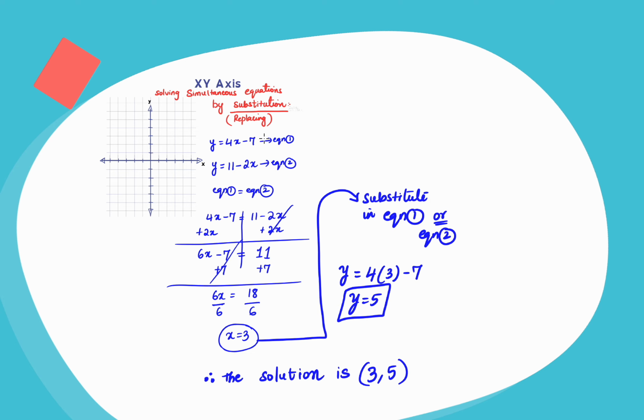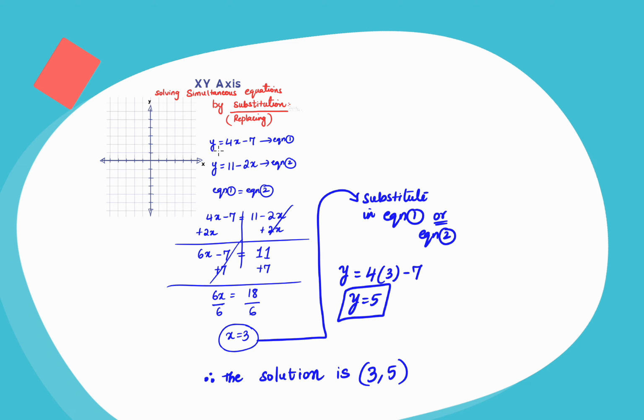The speciality of that point is that it is the only common point in both of these equations. They both have the same x and same y at that particular location, because that's how they intersect at that common point. Now, how do you do it with substitution? This is the simplest form of solving. I'm naming the equations equation 1 and equation 2.